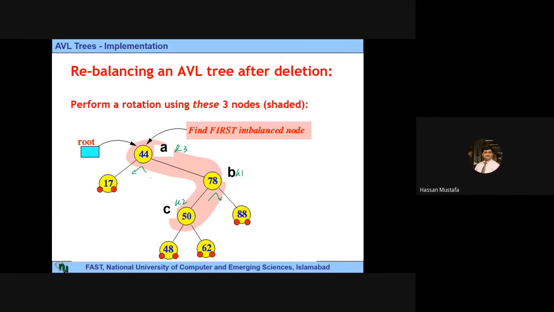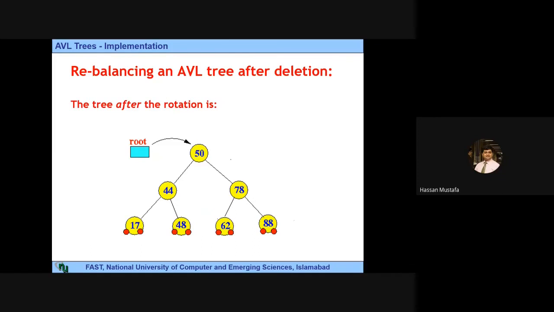After these specific rotations, we move this 50 to the place of 78, then we move this 50 upward as the root node. So this is the final tree after the rotation. 44 goes to the left, this left child of 50, 48, goes to the right of 44, and this 78 is the right of 50.